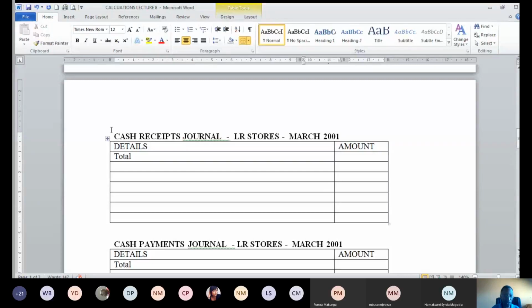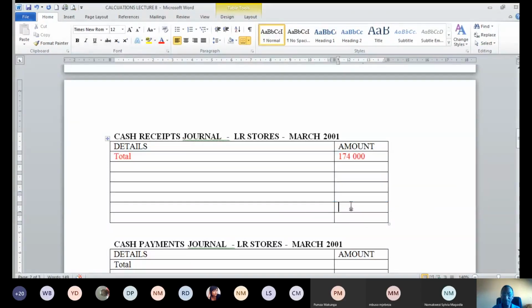So, in my cash receipts journal now, I am going to record the items that appear on the bank statement that are not yet in our cash receipts journal. So we need to make the supplementary entries in our cash receipts journal, update our cash receipts journal. Our cash receipts journal started off with 174,000 Rand.